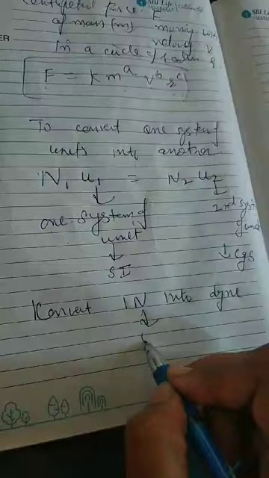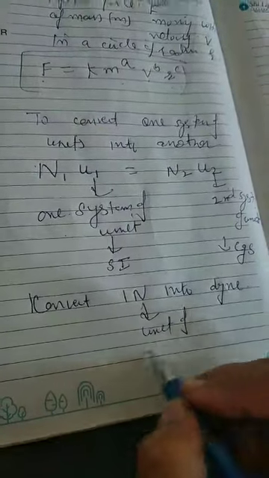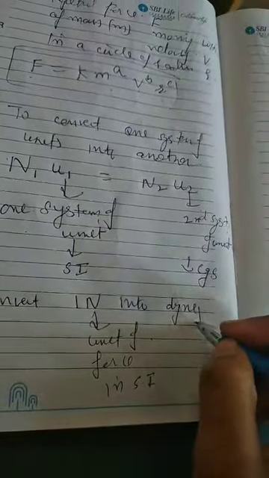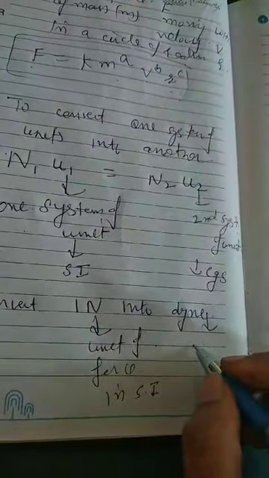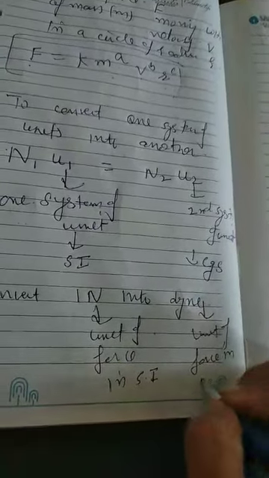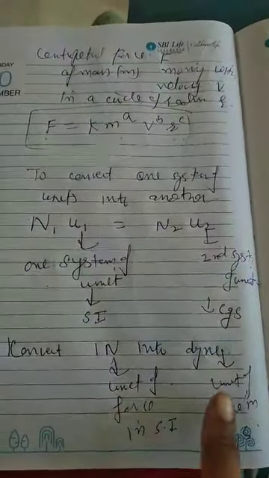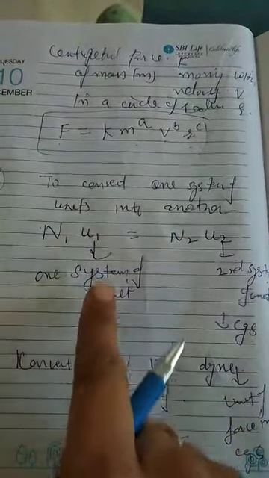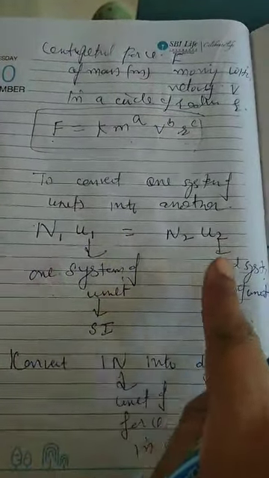Newton is the unit of force in the SI system, and dyne is the unit of force in the CGS system. Clear? So you have to convert SI system to CGS. We have taken that N1 U1 is SI and N2 U2 is CGS.